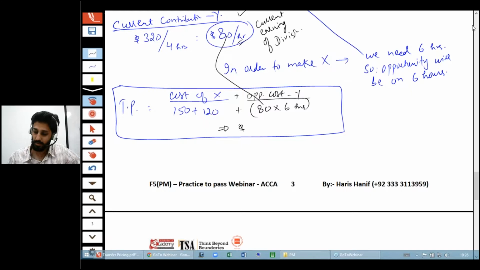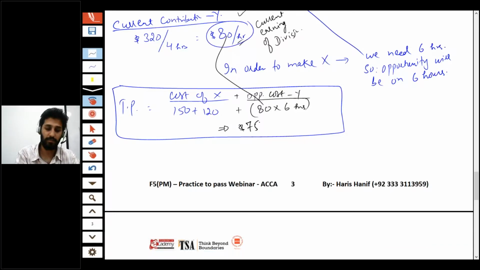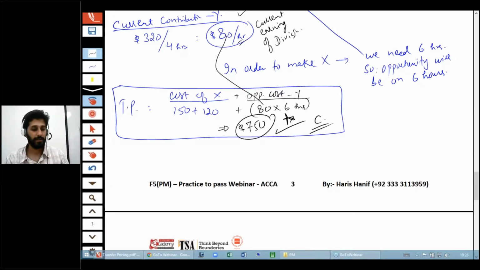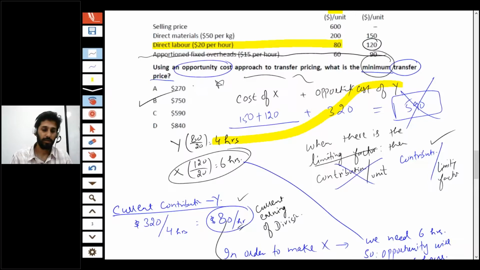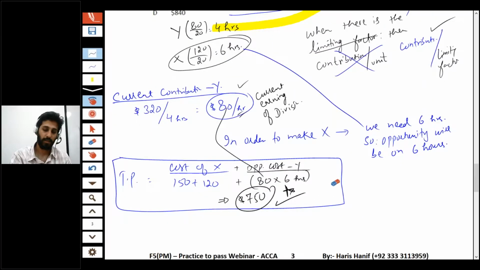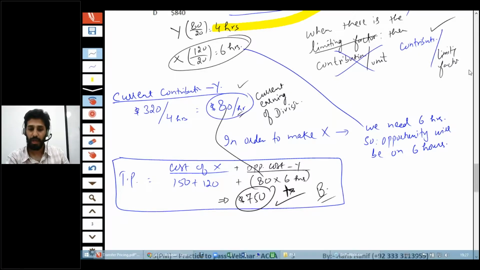So it's 80 multiplied by 6, plus 150, plus 120. The answer is 750, the minimum transfer price. That's B. One or two students gave this answer, and yes, it is a complex calculation.